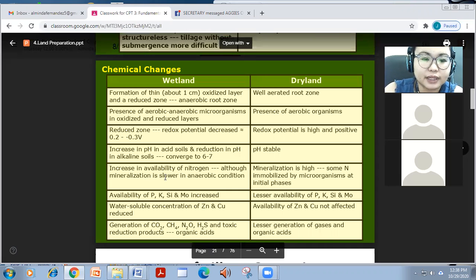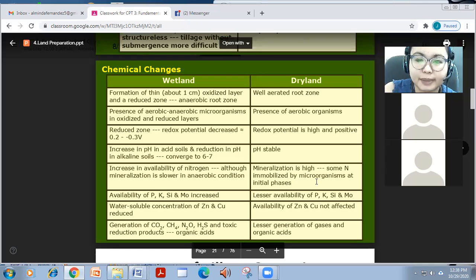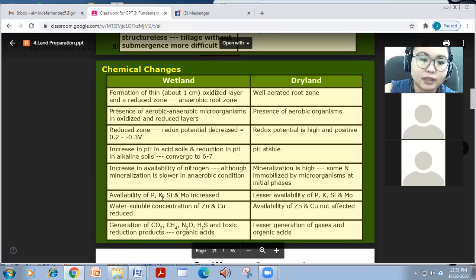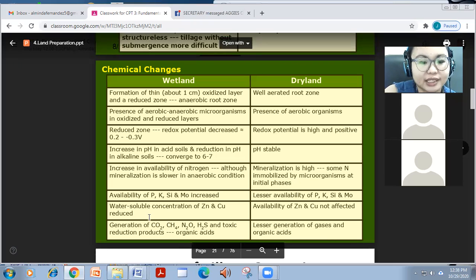And there is an increase in availability of nitrogen, although mineralization is low under anaerobic conditions, while mineralization is high in the dryland, where some nitrogen is immobilized by microorganisms at the initial phase. Also in the wetland, available potassium, phosphorus, silicon, and molybdenum increase, while phosphorus, potassium, silicon, and molybdenum are less available in the dryland.